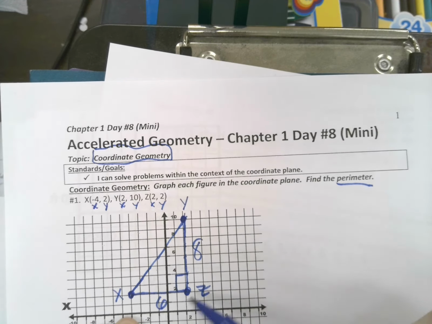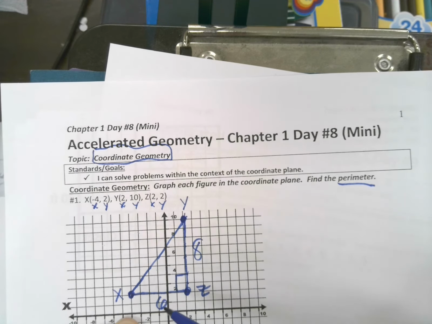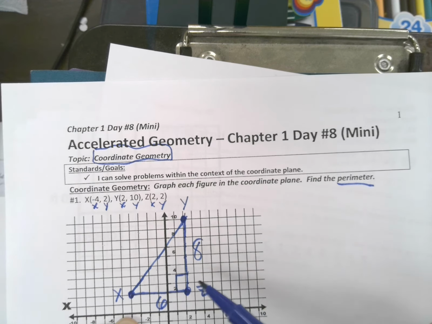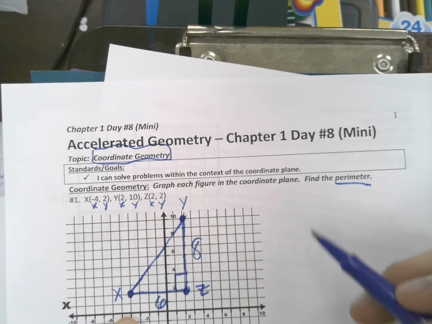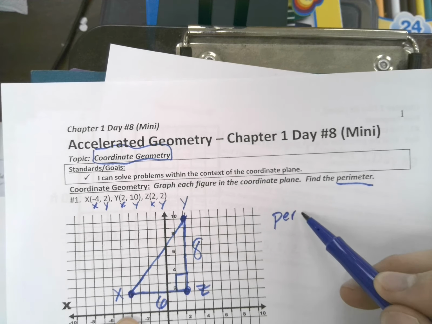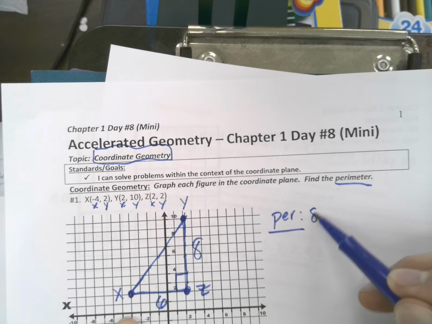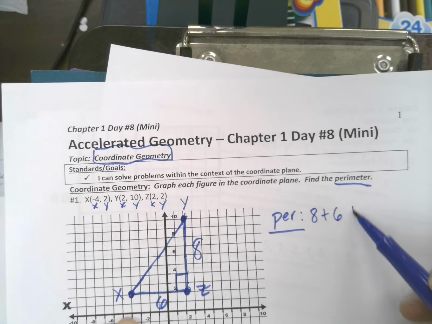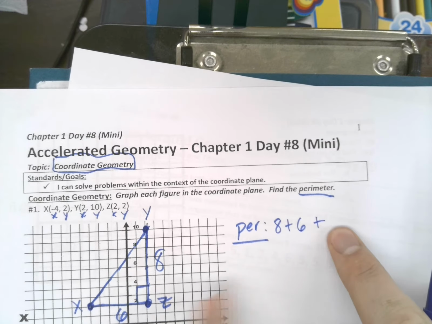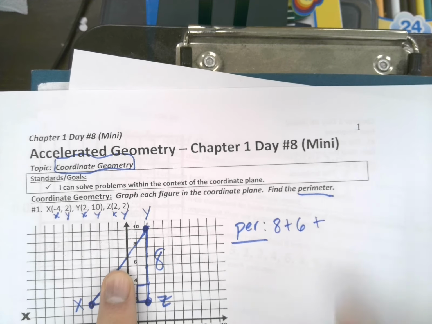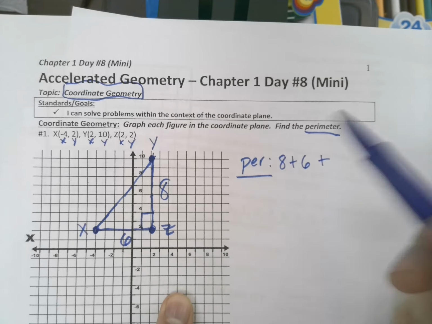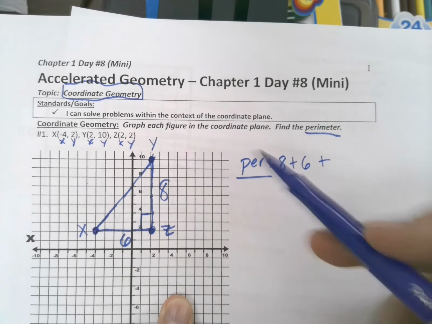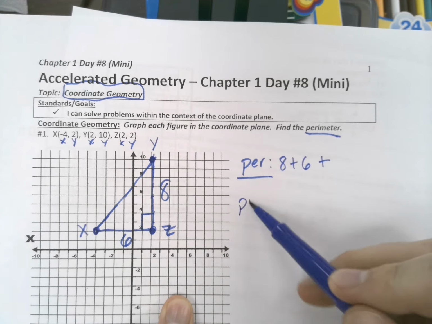But if this is a right triangle, we can throw it back to what we learned back on day 7. We know we can use the Pythagorean theorem to find this missing piece. So if we're trying to find the perimeter, we've got 8 plus 6 plus whatever this missing piece is. And so, to find it, we're busting out Pythag.